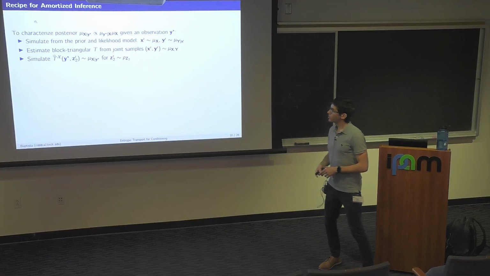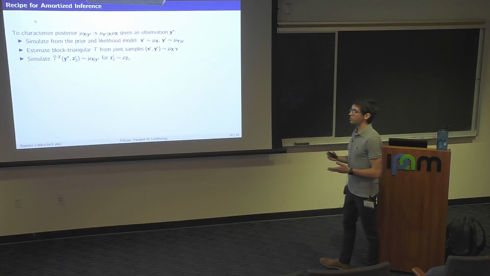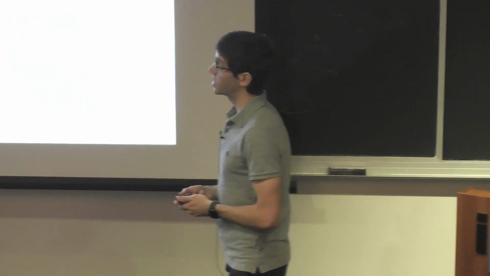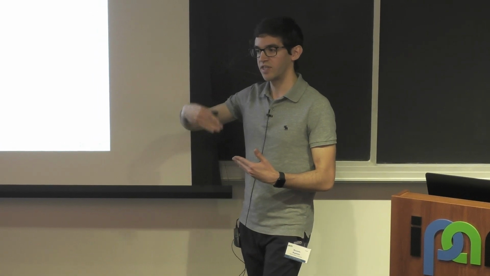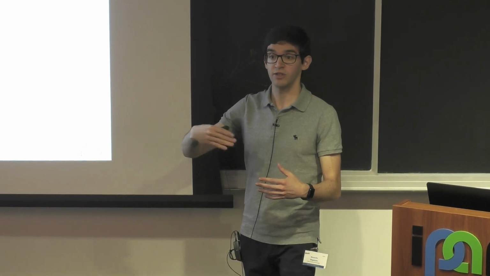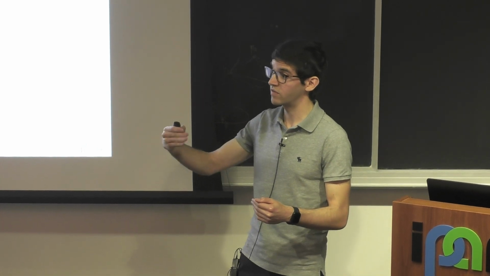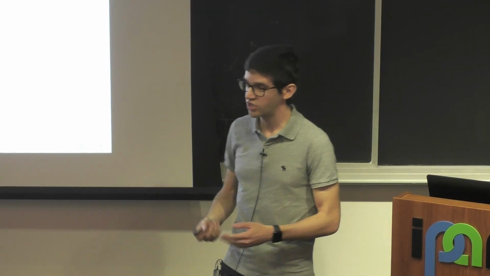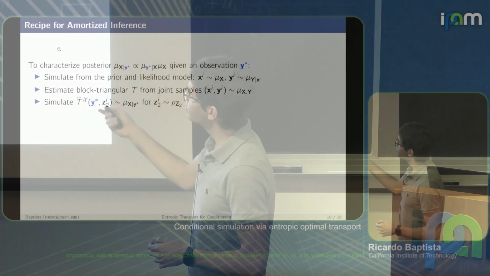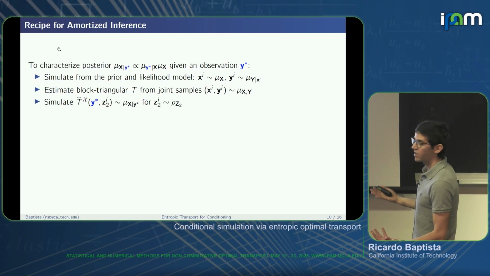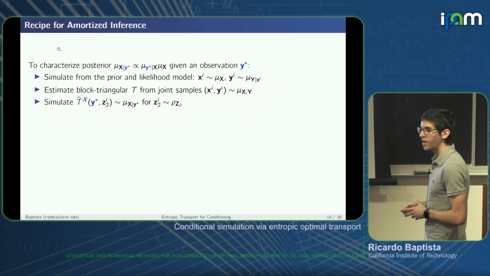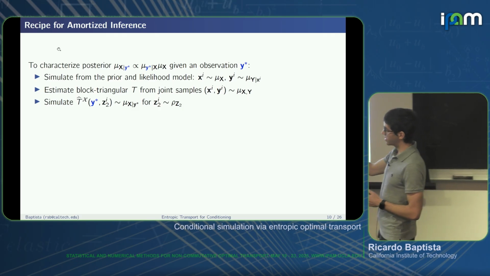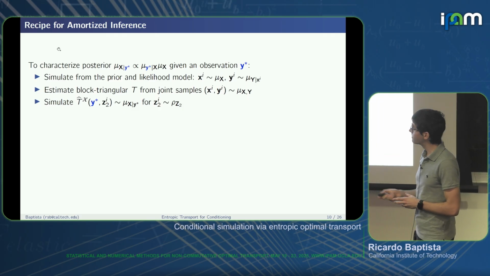OK, so one recipe to do this kind of conditional simulation, and this is something known as amortized inference, because what we want is to build these maps that allow us to amortize the cost of inference over any value of the conditioning variable, is to generate samples from this joint distribution of x and y, these pairs xi, yi, to learn this block triangular map.